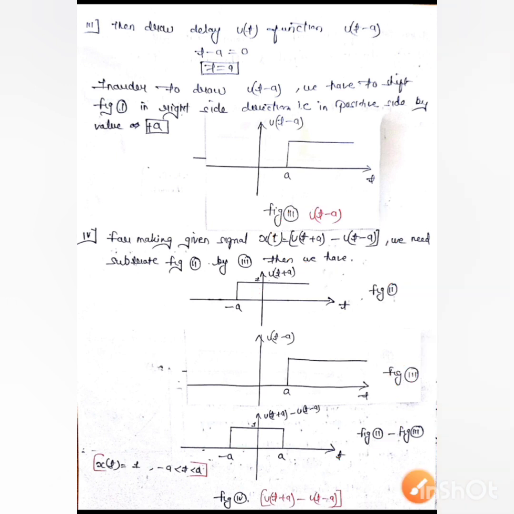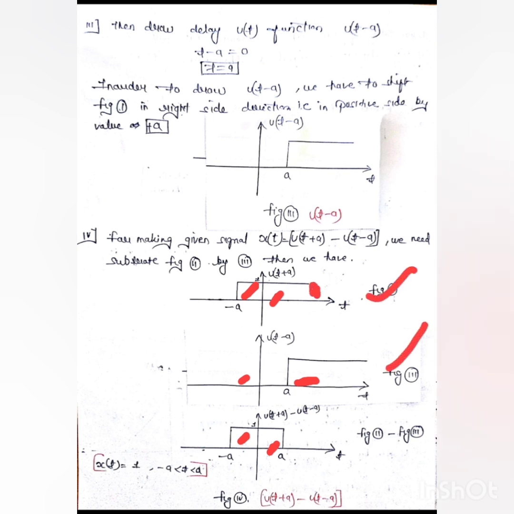So how can we get this figure? Here we have the value 1. Here there is no value. 1 minus 0, we get 1. Here we get value 1, and here we get 1, and 1 minus 0, which is 1. Now here we have value 1, but we have to subtract this figure by this figure.